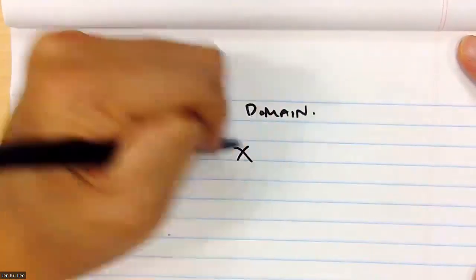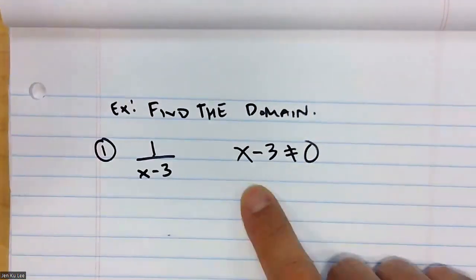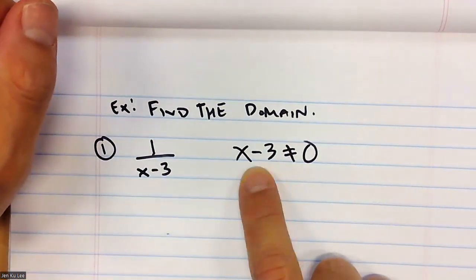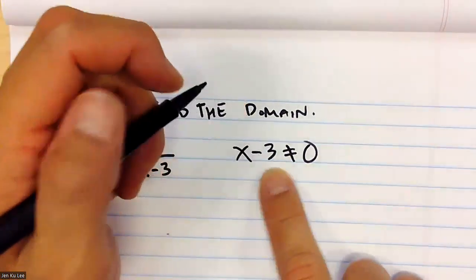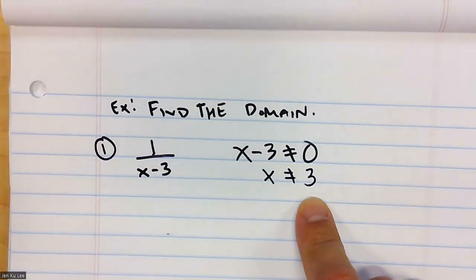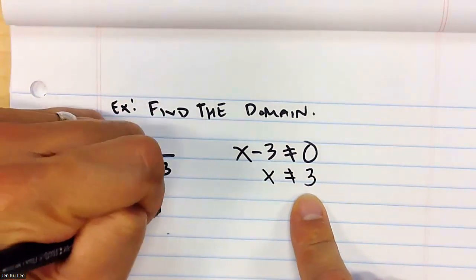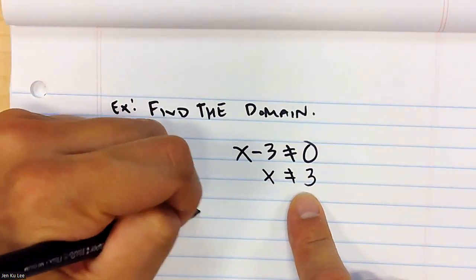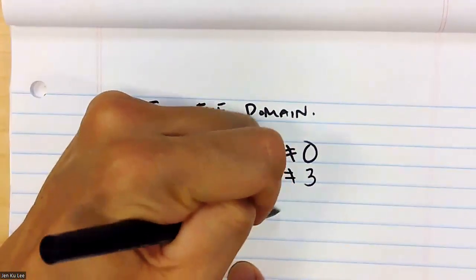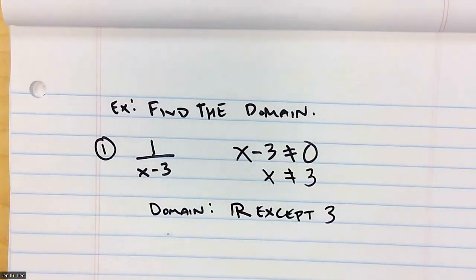So it can be all real numbers except where this is 0. If I solve, x cannot be 3. So my domain here would be all real numbers except 3. You can write it like that.